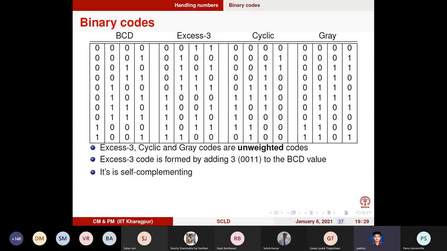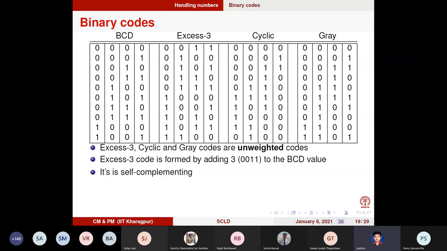This can be more formally stated by something called the Hamming distance. The Hamming distance between two code words is the count of the number of bit positions in which these two code words differ, the number of bit positions in which they do not match.